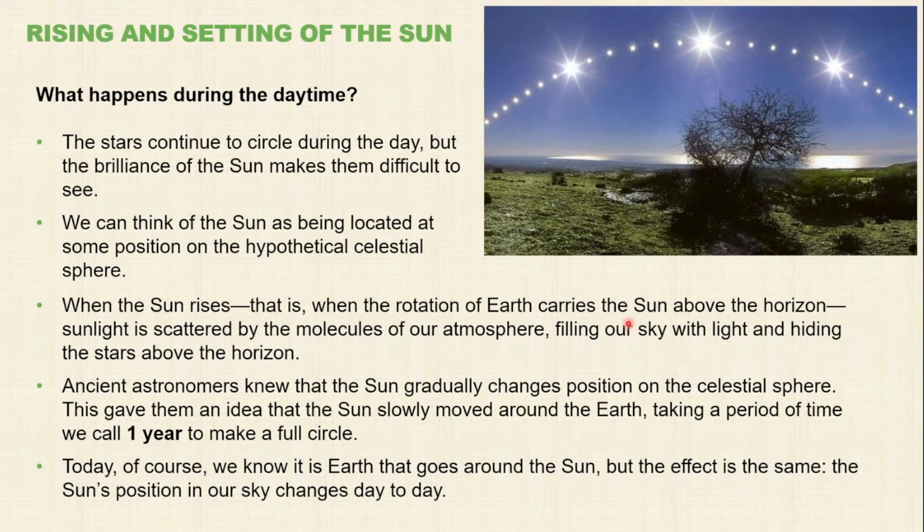And there's one time when we actually get to see the stars during the daytime, and that's during the total solar eclipse, when the sun is completely blocked by the moon. You can actually photograph and see the stars around the sun during the daytime.